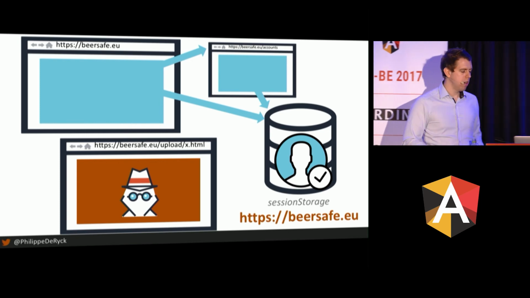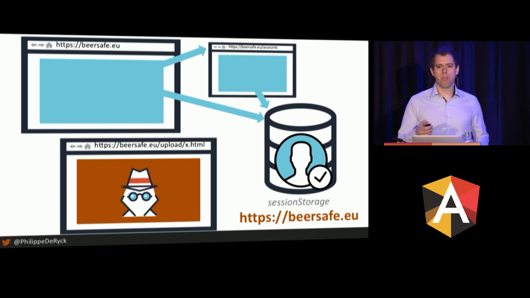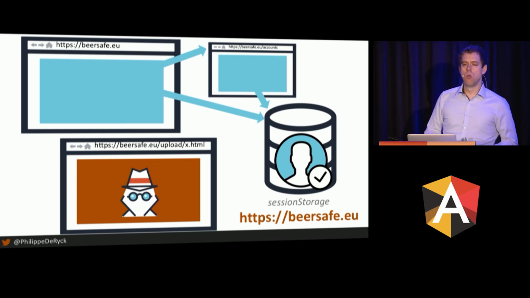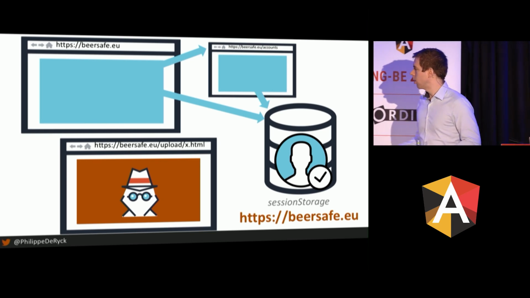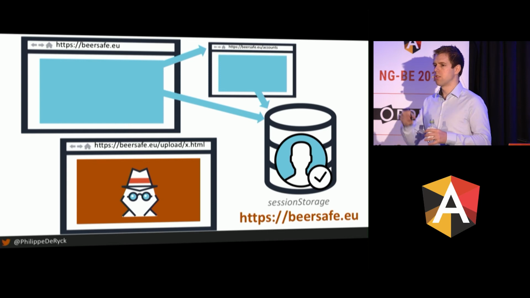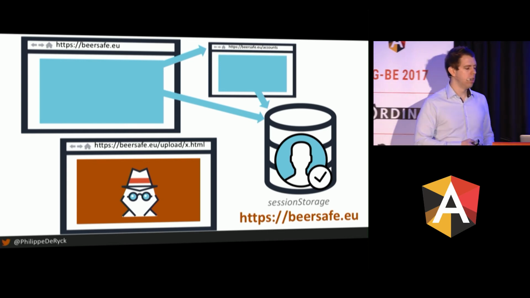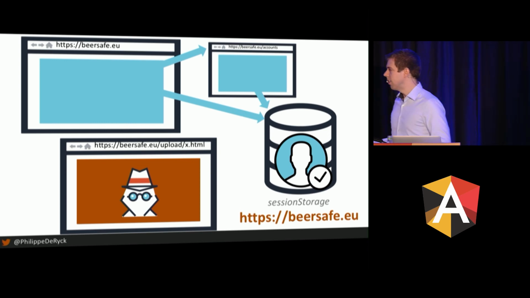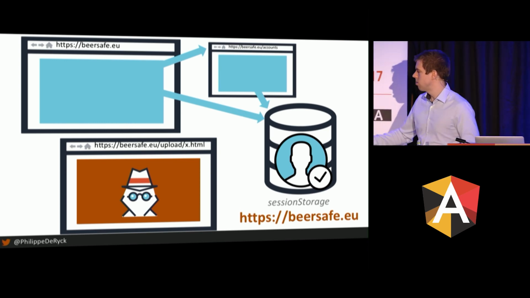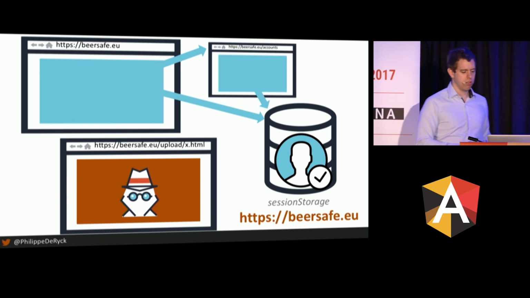But if the attacker comes around with this insecure upload and he uploads a file and loads that in a new browser window or a new iframe or whatever, that page is not going to have access to the same session store, because session store is linked to one open tab or window and not to the entire origin. So the attacker will have its own session store, but he will not be able to access your session store.